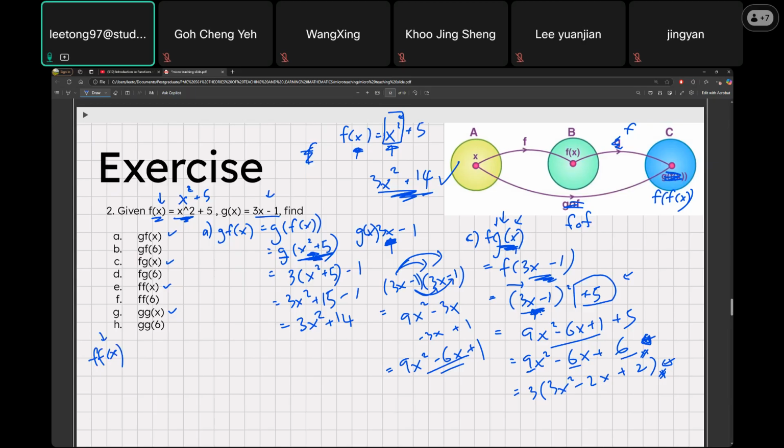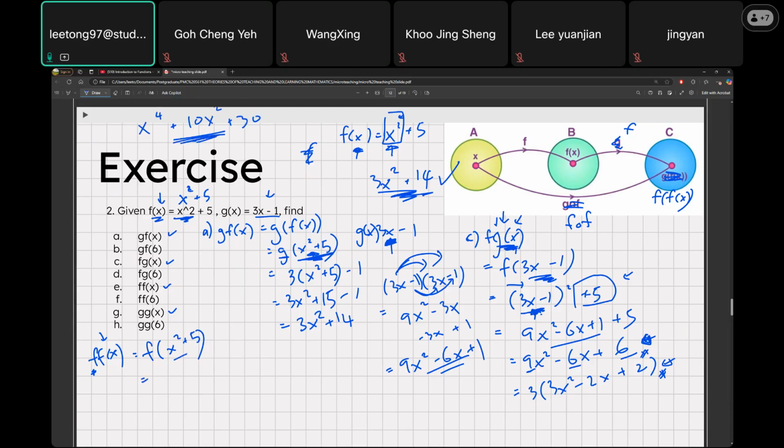Both are function f. So we look at one first. What is fx? x power 2 plus 5. Okay, I have an answer for this. We'll check whether this is the answer.